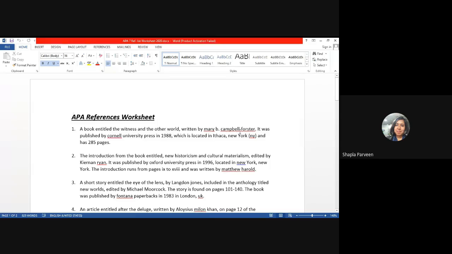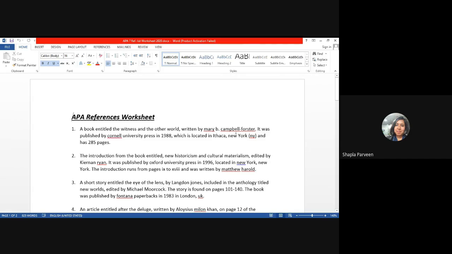Now, the last name, Campbell-Foster, there is a hyphen there. Because there's a hyphen, Campbell-Foster is together. So Campbell-Foster is the last name. Mary is the first name. So you take the M initial there, and B, we don't know what B stands for, but the initial is given.